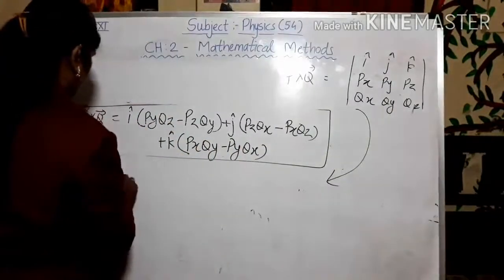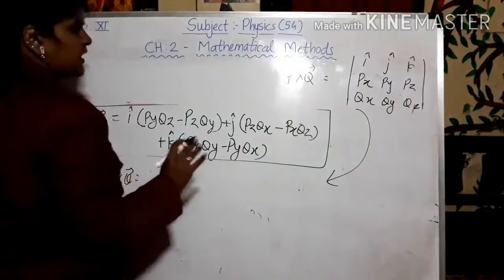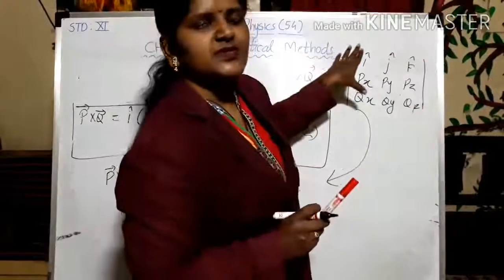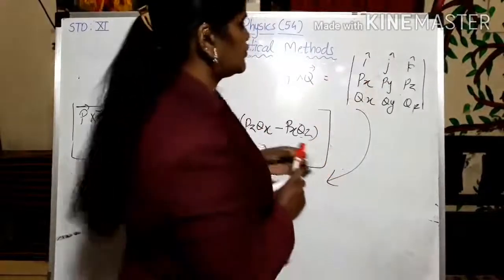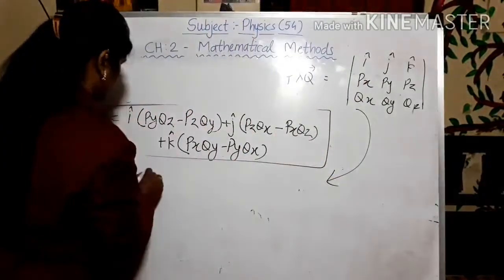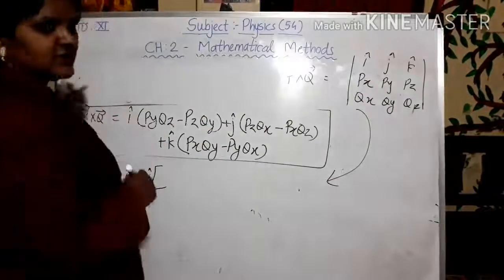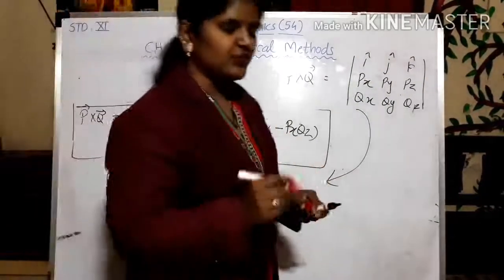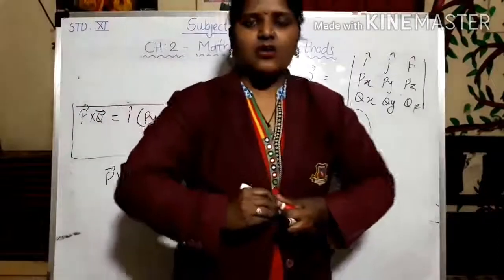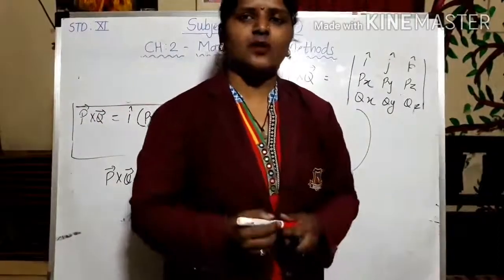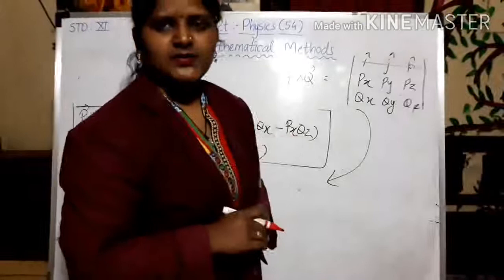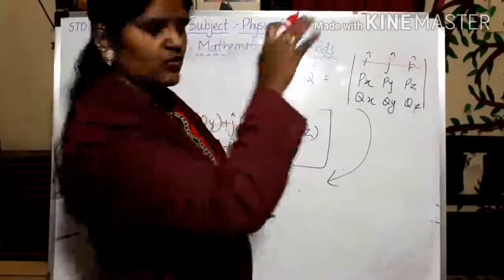So this, how to solve it? See, if I want the terms consisting of I, I will put I outside the bracket, and what I am going to do is ignore the row and column consisting of the term I. What is the meaning of this? This is the row in which I is there, so I am going to ignore that.